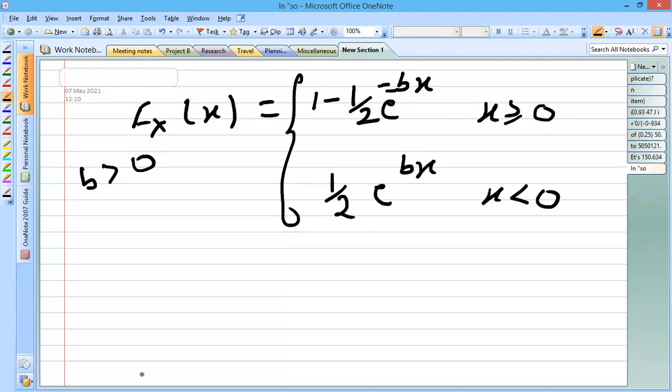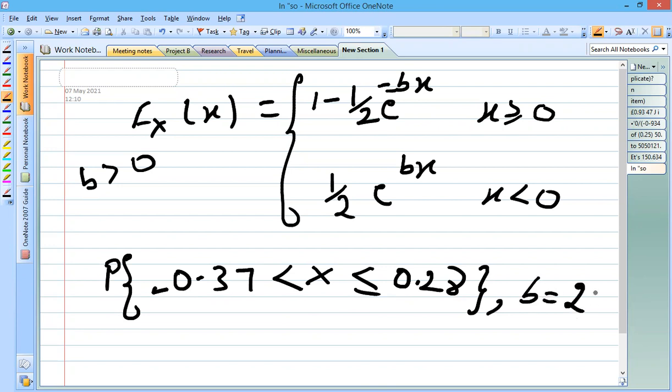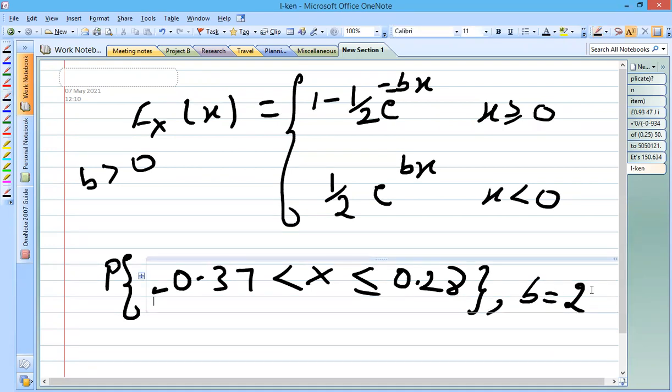Note down that value. P of minus 0.37 less than x less than or equal to plus 0.28. And also he has given the value of b as 2. So later we need to substitute this value.